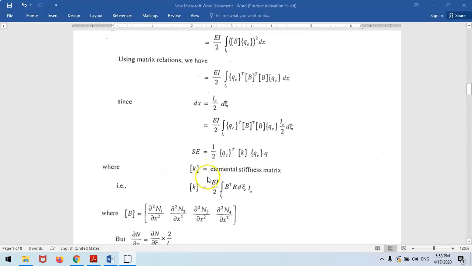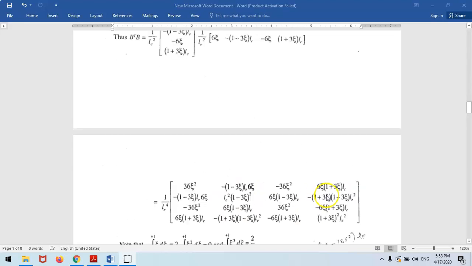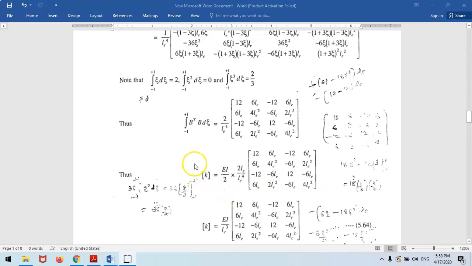K is nothing but EI by 2 integration from -1 to +1, because zeta is varying, so the length of an element will be -1 to +1. So B transpose B d zeta Le. So this is where you will be substituting all the values of this integration, that is B transpose into B d zeta.